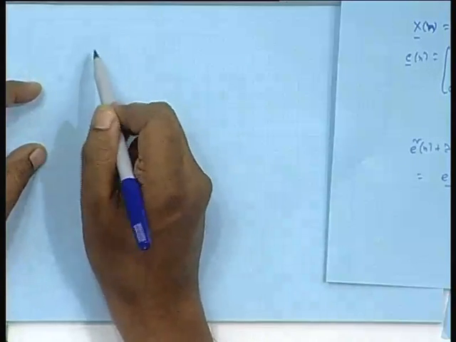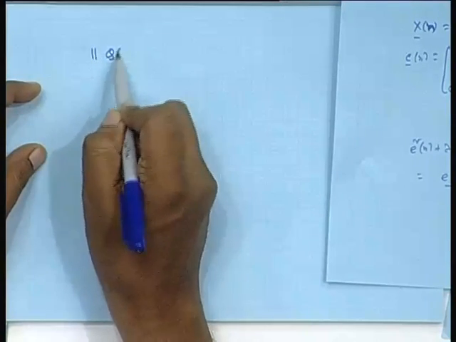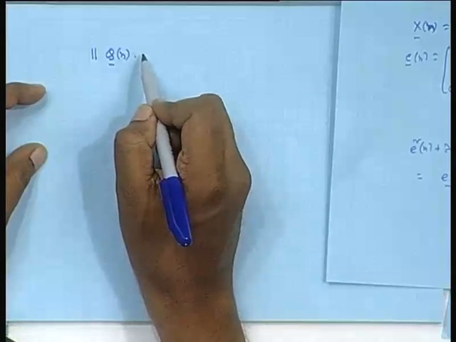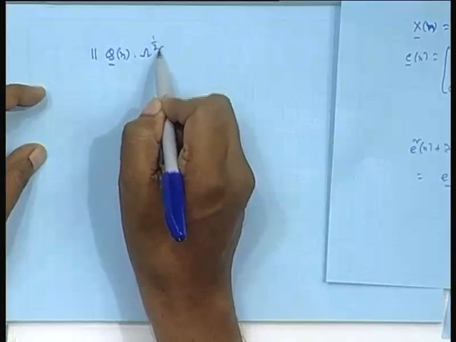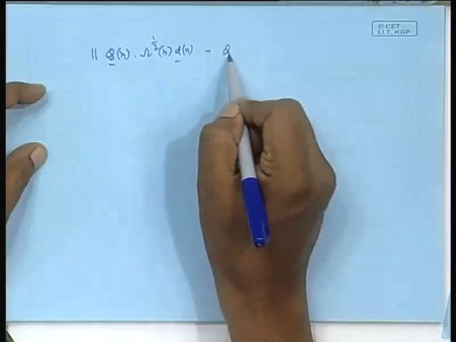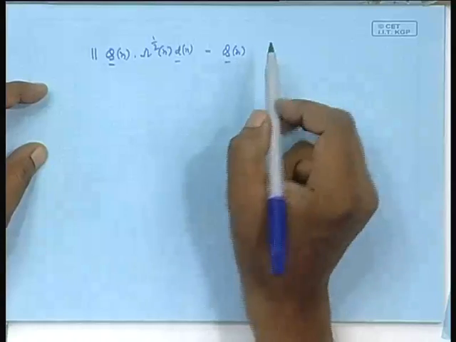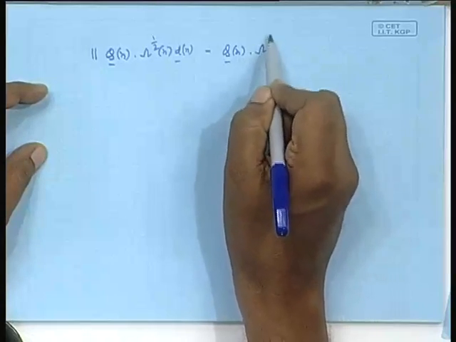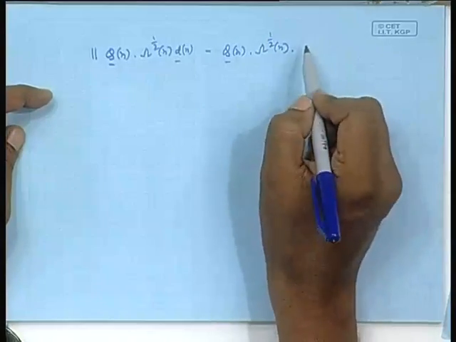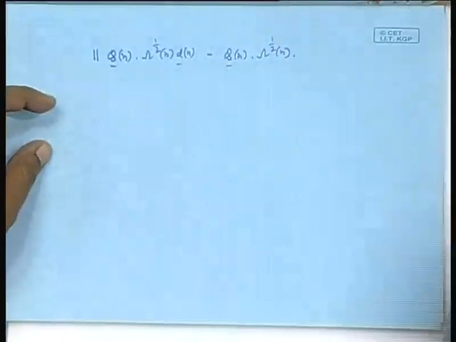That is, I am now minimizing qn into the first vector minus qn into x and cn, right.